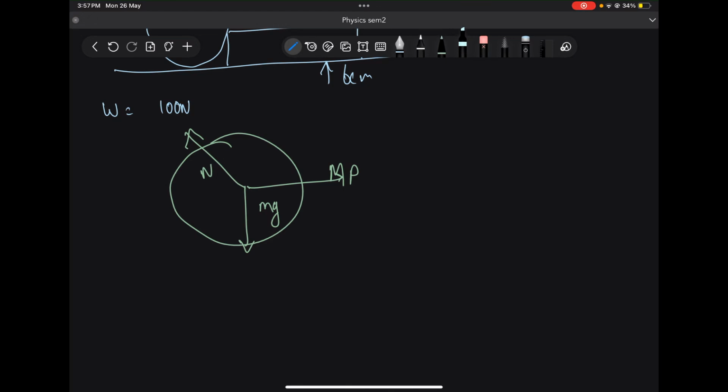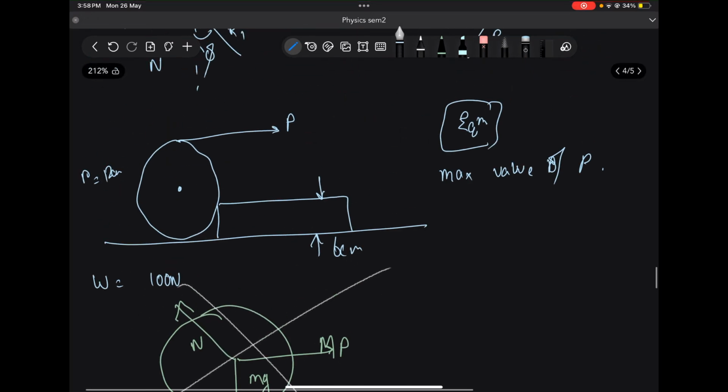This is completely wrong. And the reason is engineering mechanics tricks you into thinking in ways which a normal physicist can't. So if you think about what is happening, if this P is applying enough force so that the body is just in equilibrium, then this point will basically not even be applying any normal force.